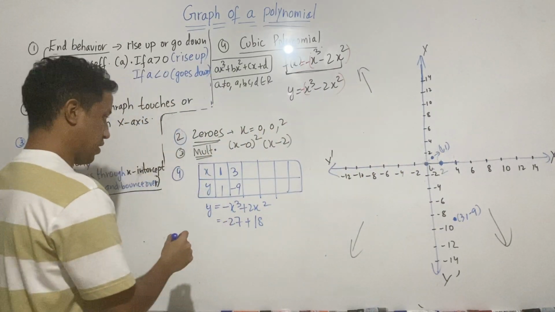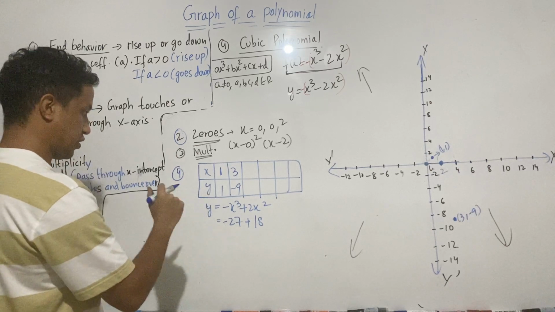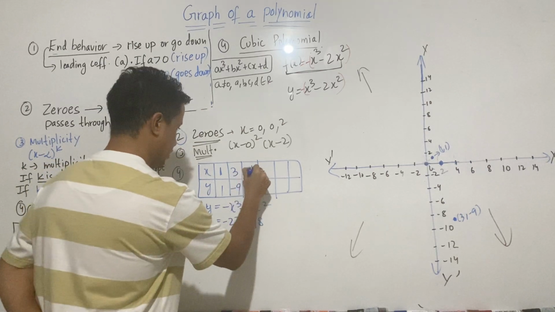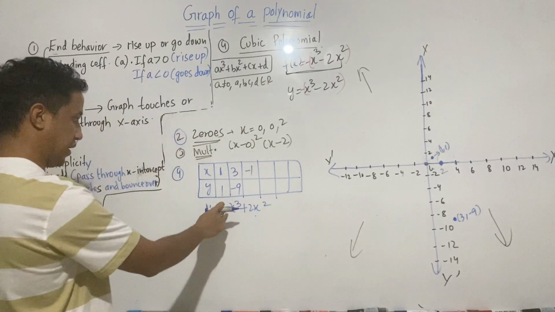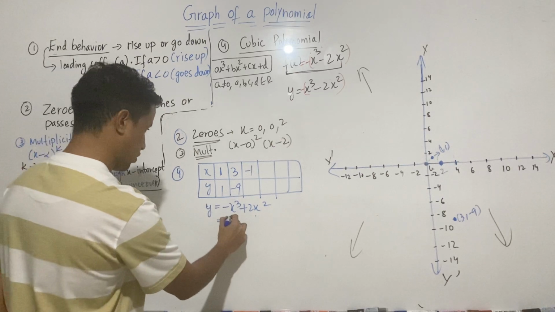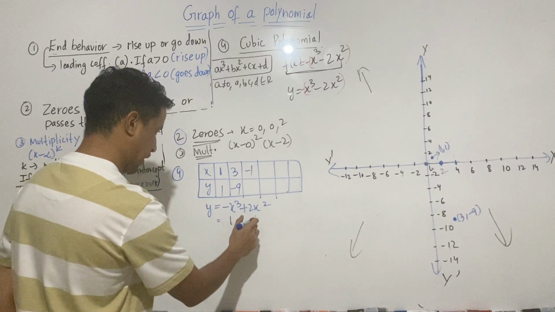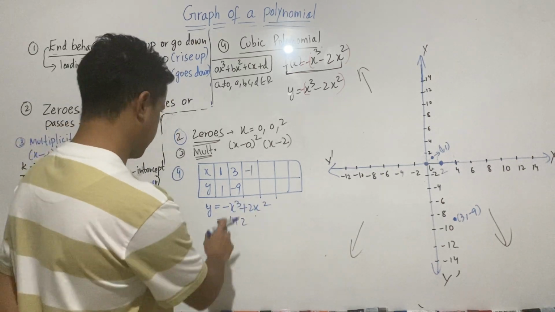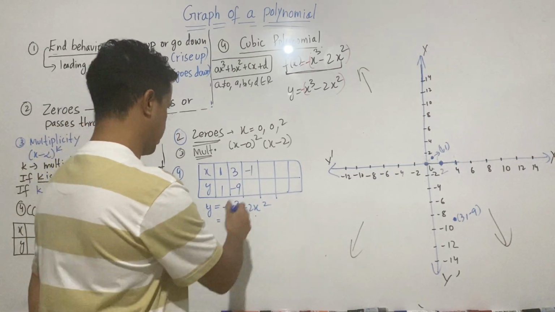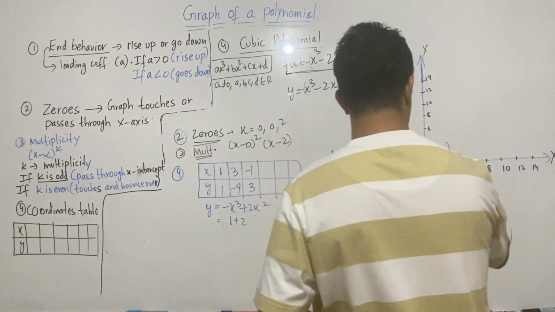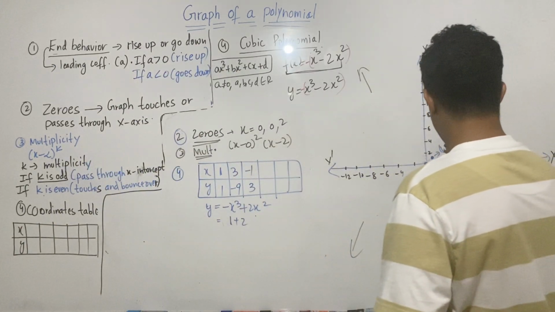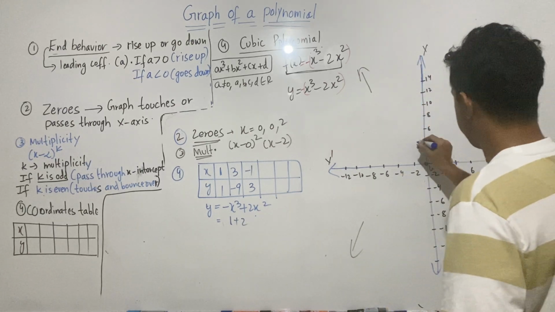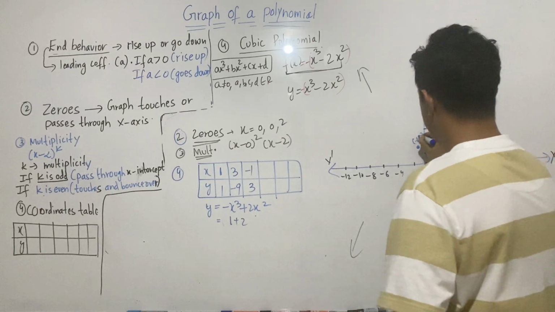Then for 4 it's going to be a huge number. Then we can do it for minus 1. Minus 1 cubed is minus 1, so minus of that is 1, and here 2, so 1 plus 2 is 3. Am I right? Yes. X is minus 1, y is 3, this point.